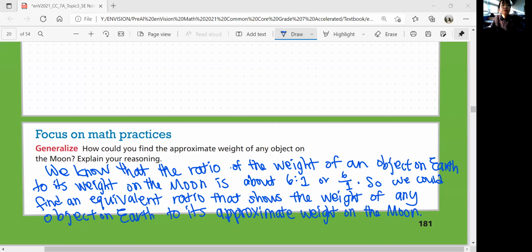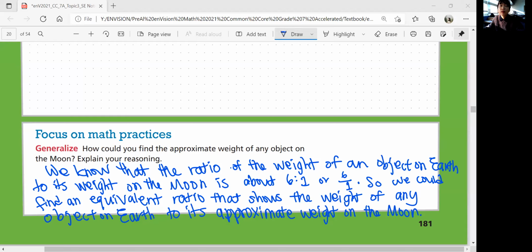Finding ratios is very important when we want to estimate things like this, weight on another planet, or the length of proportional shapes, how tall it is compared to other people.